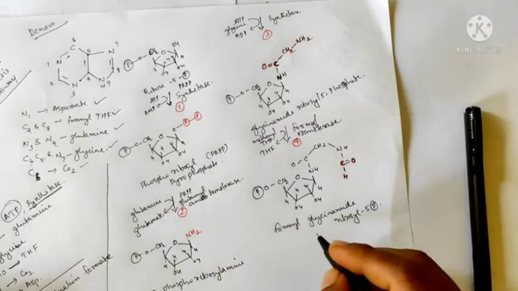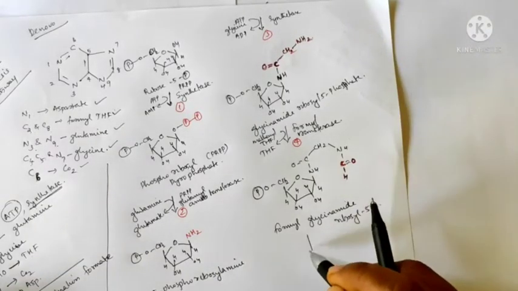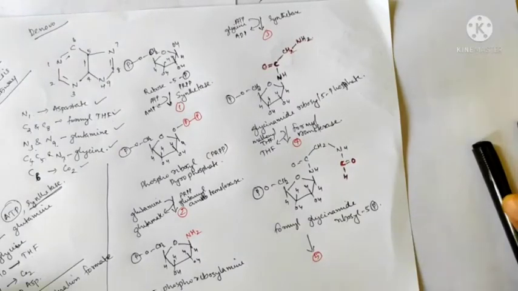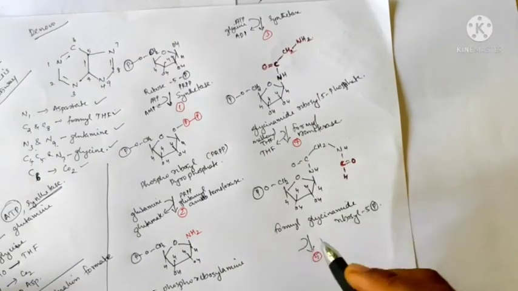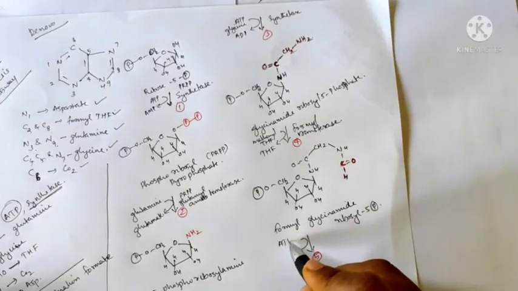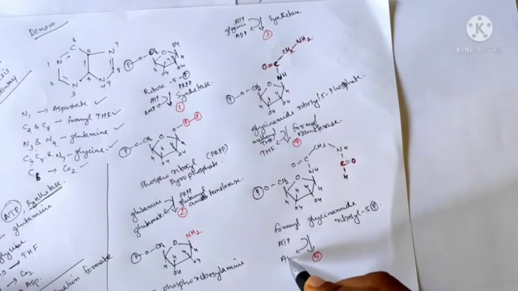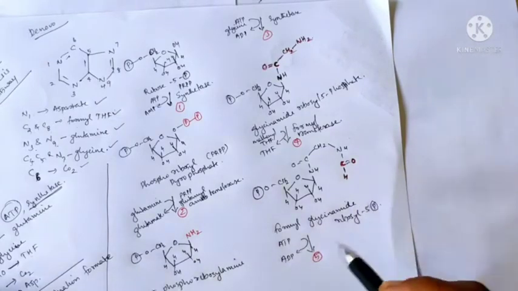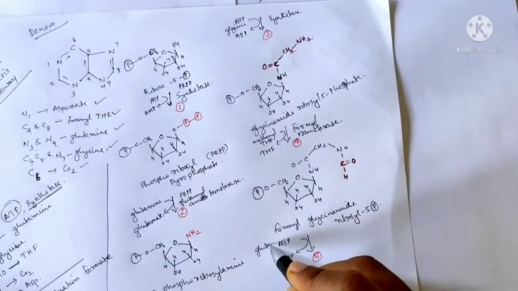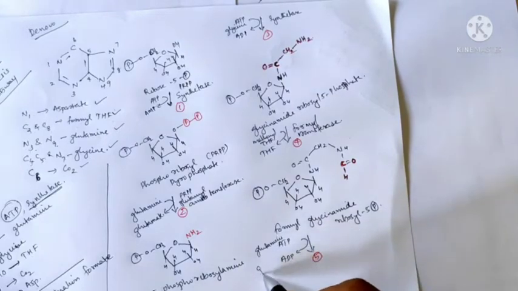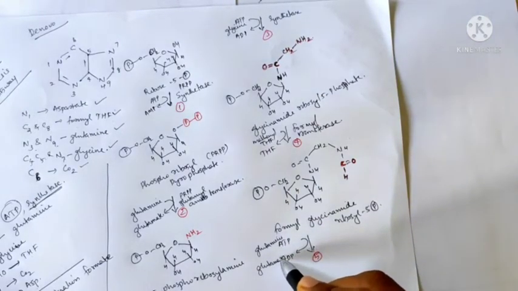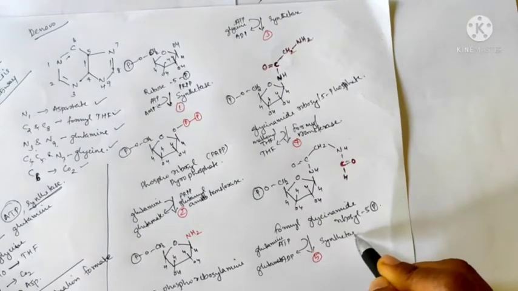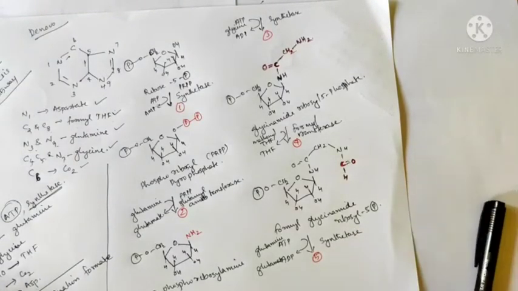Then the fifth step. See, we told the fifth step requires ATP. ATP is converted into ADP. Then the fifth step also requires glutamine. Glutamine is converted into glutamate. The enzyme catalyzing the reaction is synthetase.